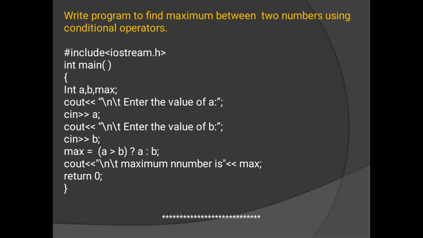So here you can see that we need to find the maximum between two numbers. Previously we did a program for the greatest of three numbers, so now it is between two numbers, so only two numbers we have to compare, but we have to use conditional operators. If you see the program logic, max equals, within the parenthesis, a is greater than b, question mark, a colon b.